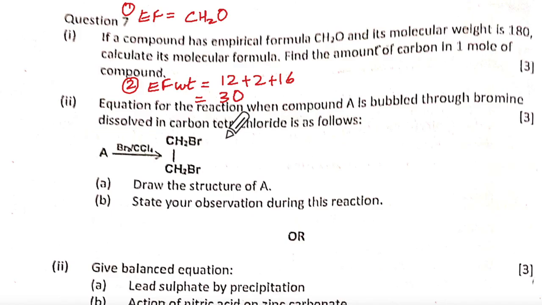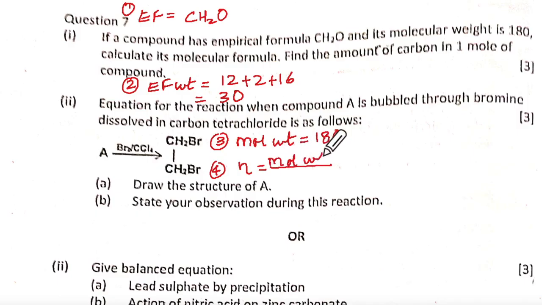correct? What would be our third step? Molecular weight or molecular formula weight is 180, correct? So I want to get the molecular formula, means I need N. What is N? Molecular weight upon empirical formula weight, correct?